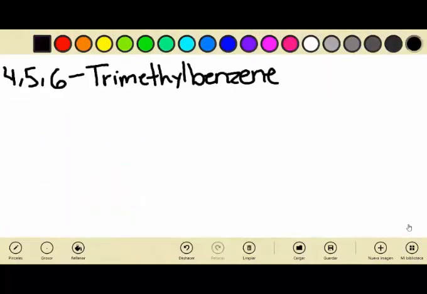Now in this example we have 4, 5, 6 3-methyl benzene. So what we are going to do first is to draw our hexagon again.